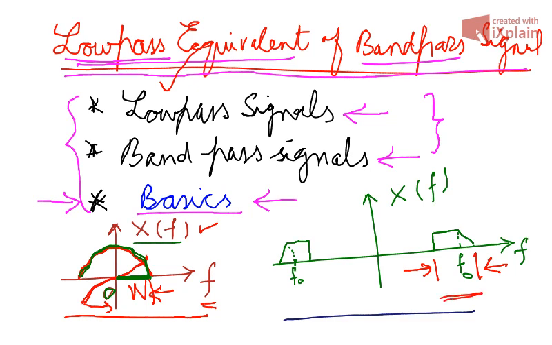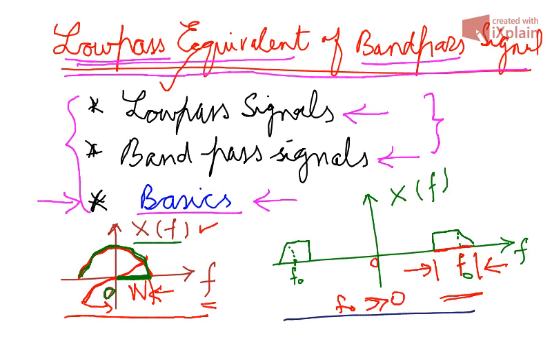The frequency components of this signal are located near f0, where this f0 is much greater than 0, right? 0 is somewhere here.